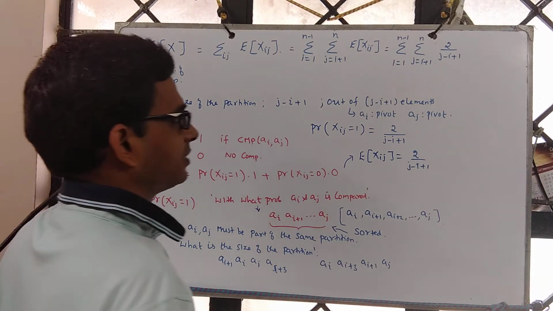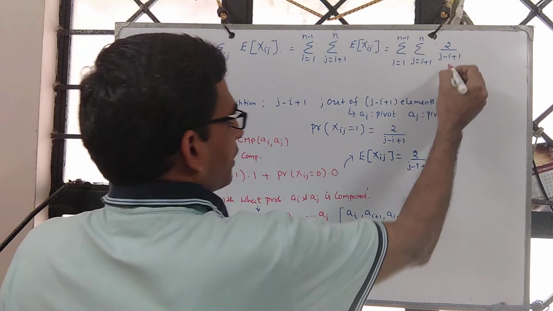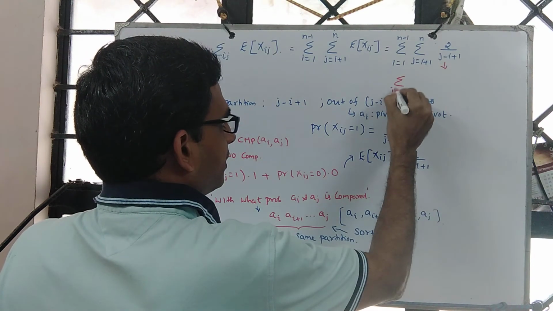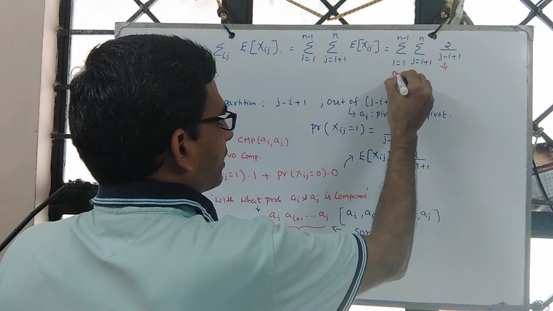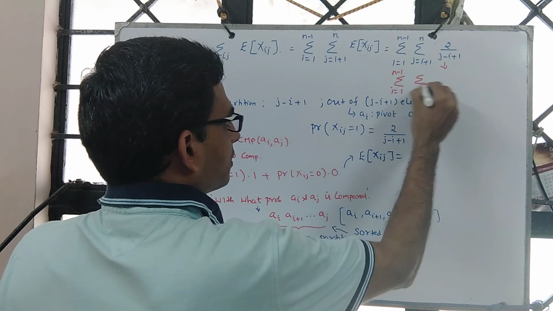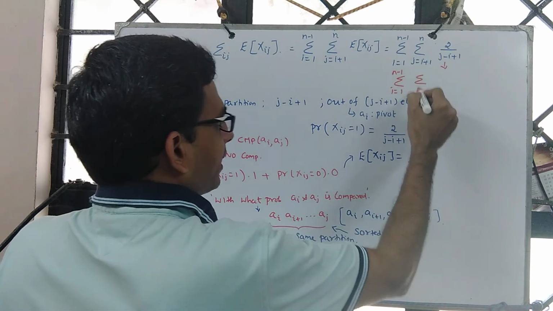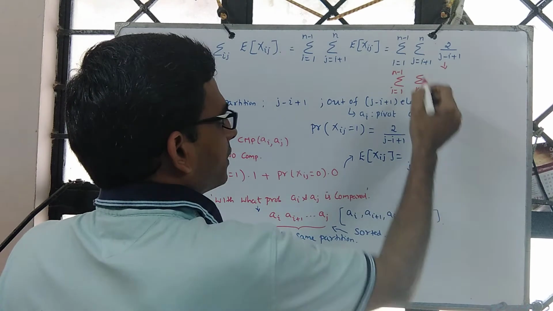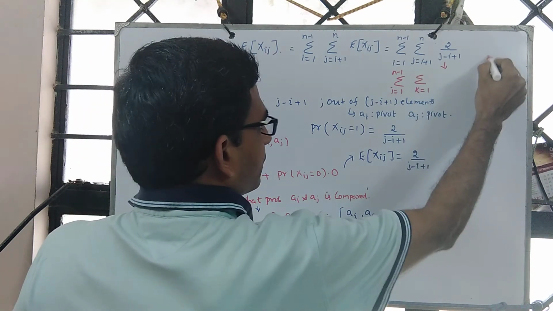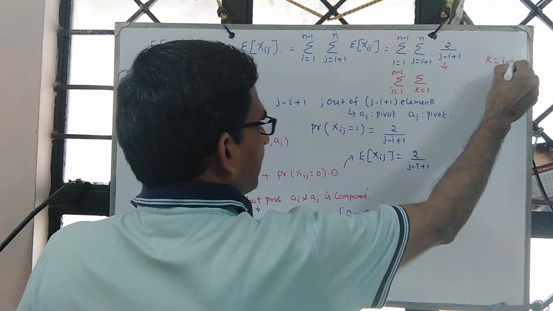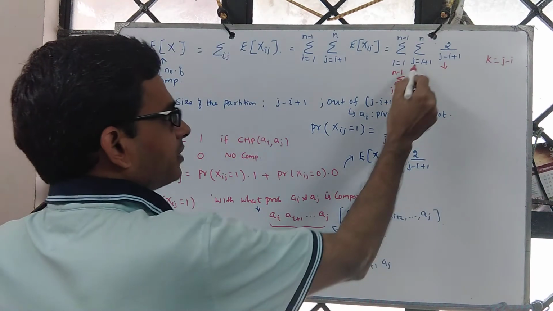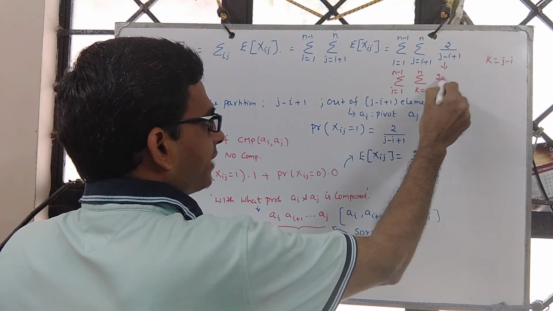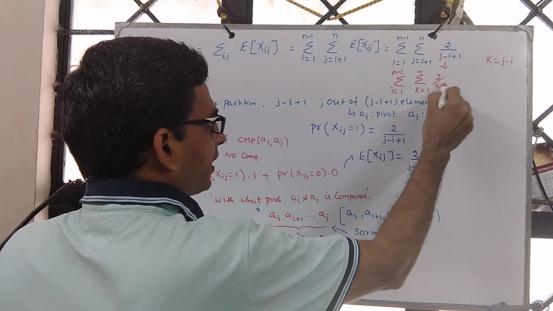That's rather straightforward. You can do a substitution or change of variable. Say i is equal to 1 and this. Take k to be j minus i. Okay. So then this becomes the sum for k equal to 1 to n of 2 divided by k plus 1.